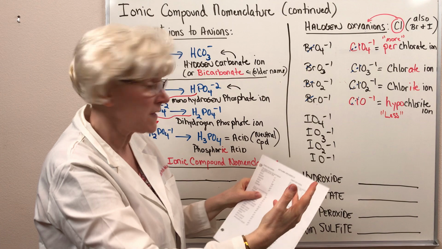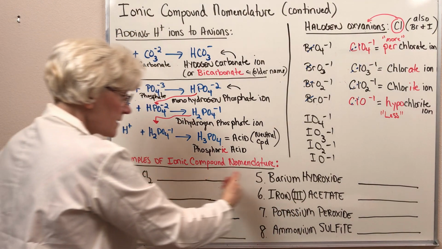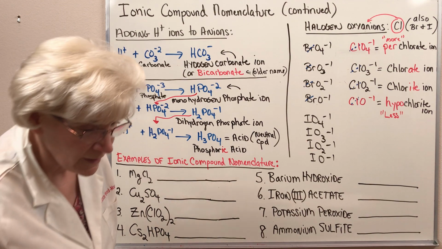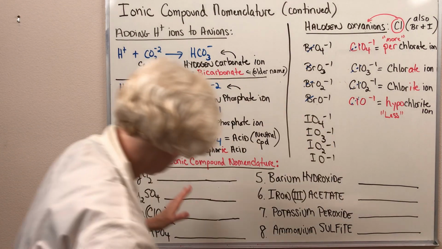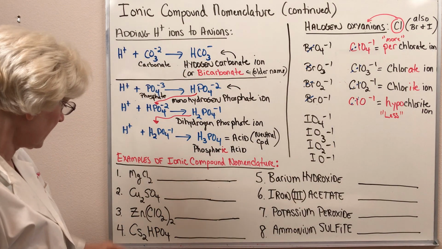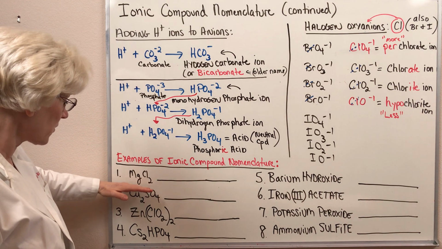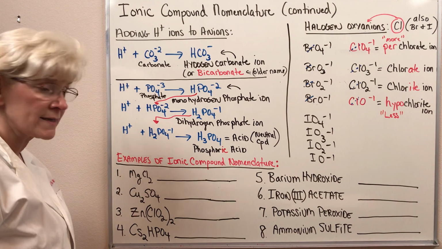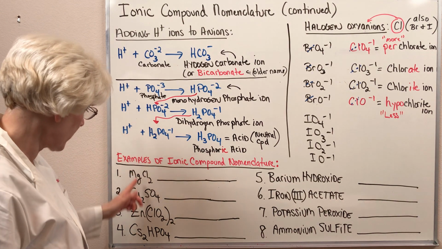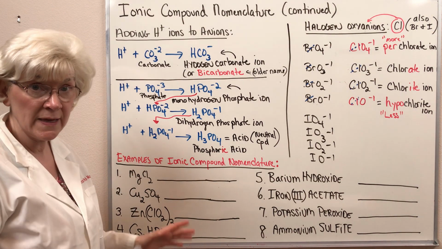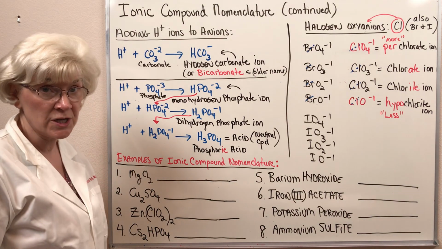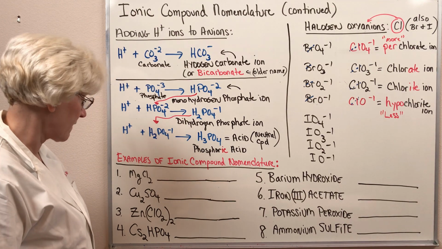And now let's put the pieces together and look at some examples of naming ionic compounds. So in this left side, you see that I have given you chemical formulas for different ionic compounds. We can recognize that they are ionic compounds because we see that they begin with metal cations in combination with nonmetal anions.